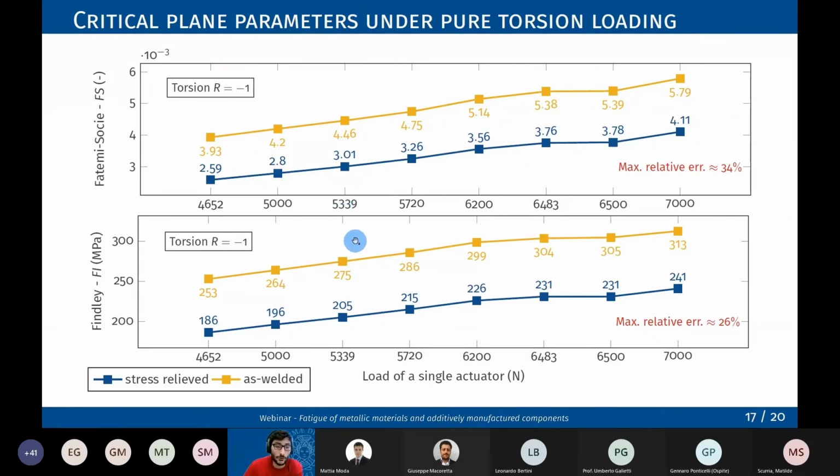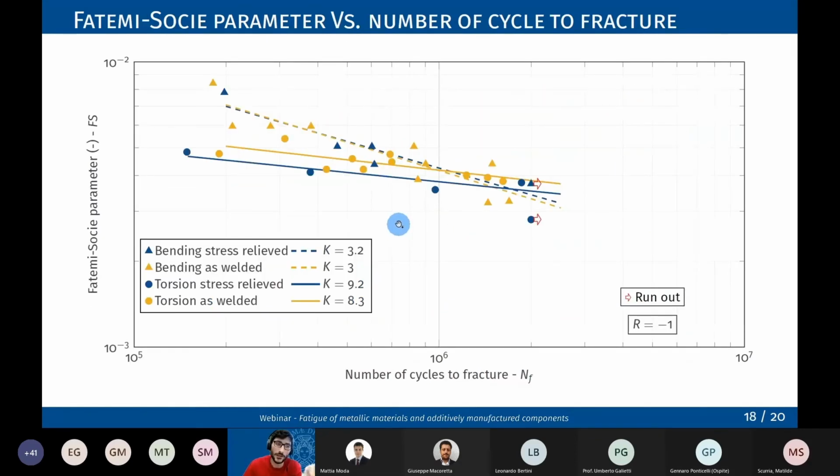So we decided to use experimental results and plot them. I only plot Fatemi-Socie here at the moment, to not use too much time, but it's similar for Findley. We are plotting the Fatemi-Socie critical plane factor over number of cycles to fracture.